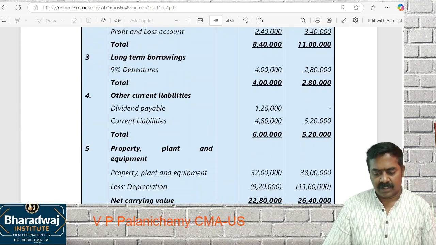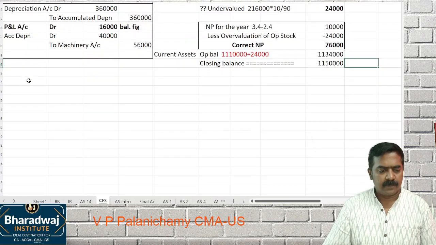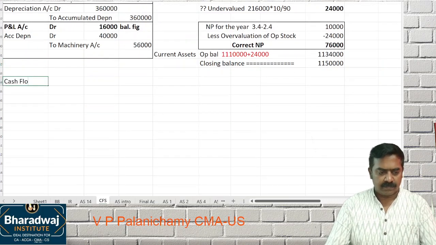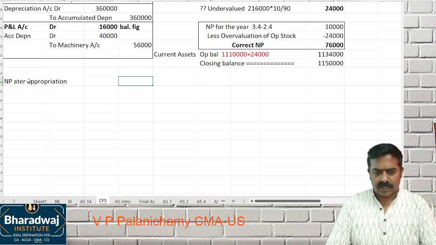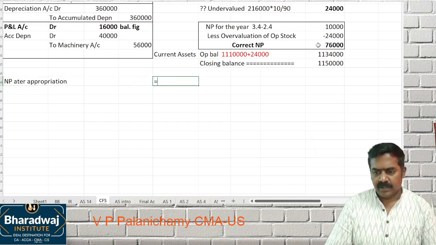Let us start with the cash flow statement. Start with net profit after appropriations. Let us take this corrected net profit of 76,000 and proceed.